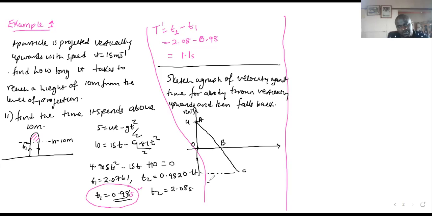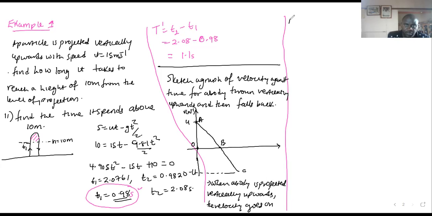So the solution is: when a body is projected, the velocity goes on reducing or retarding until it becomes 0 when it reaches maximum height.